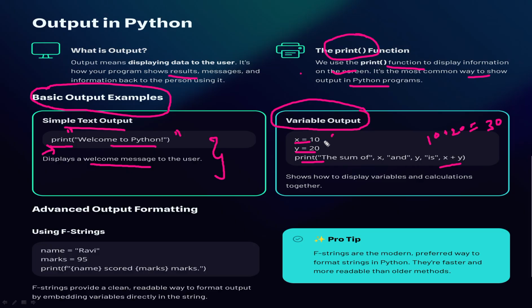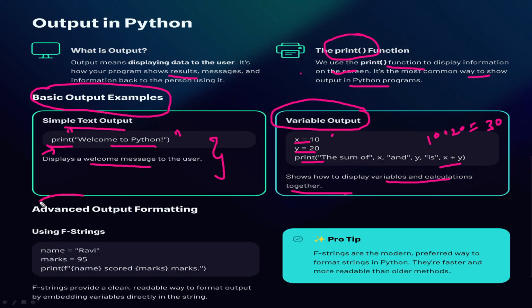We are calculating the sum of the variables x and y, so it is going to display 30. Here it displays the variables and calculations together, that is x plus y is equal to 30.